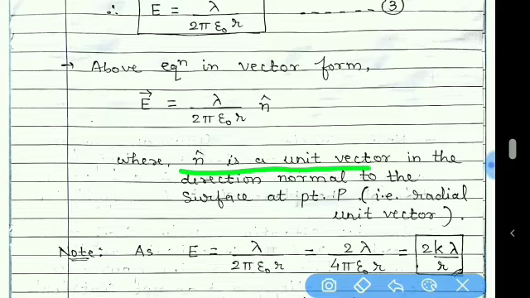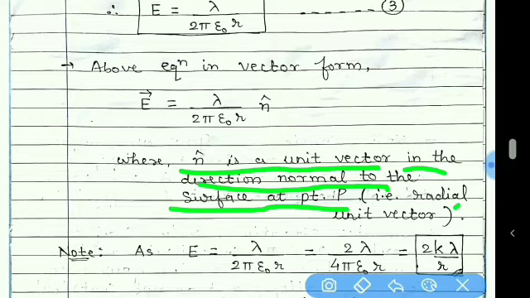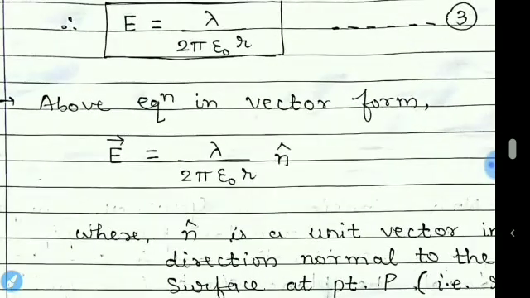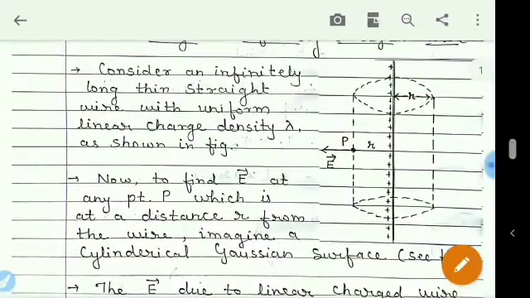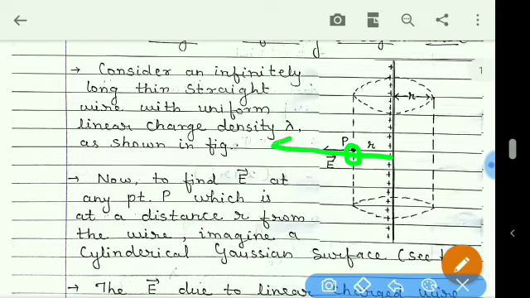So n is a unit vector which is always used for the direction, in the direction normal to the surface at a point P, the radial unit vector. From the figure also you can see that here we have obtained the electric field at point P, and we know that from this wire the electric field is always radial, so that electric field passes through this point along this line.